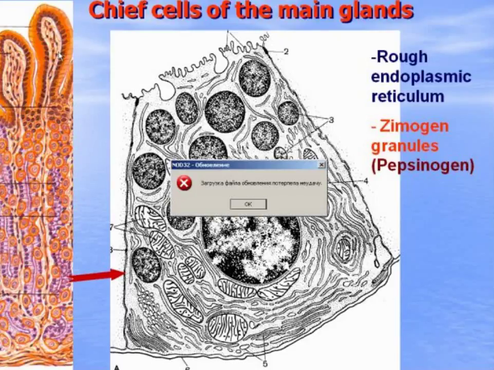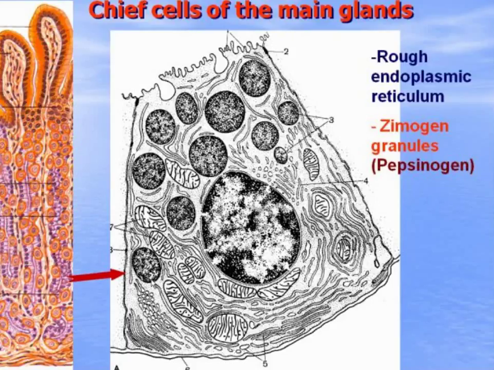There are also mitochondria and Golgi complex, but the main and most typical organelle is rough endoplasmic reticulum.